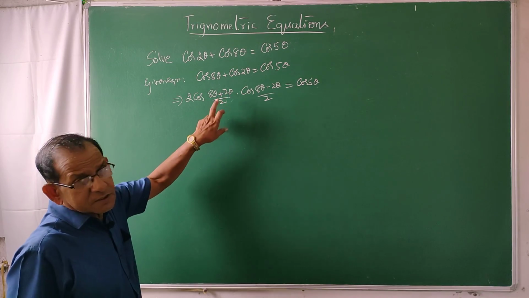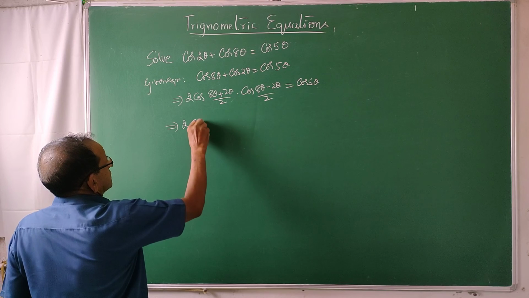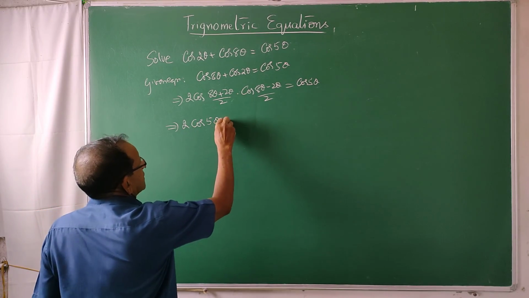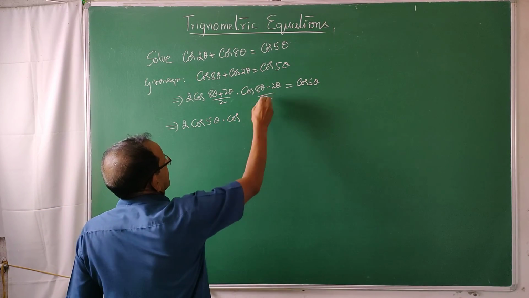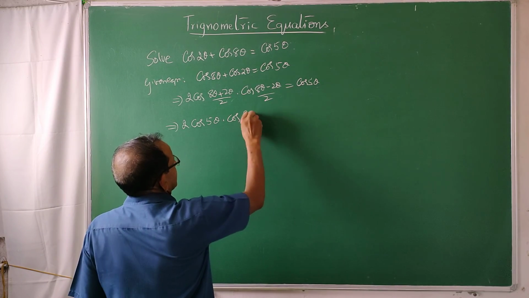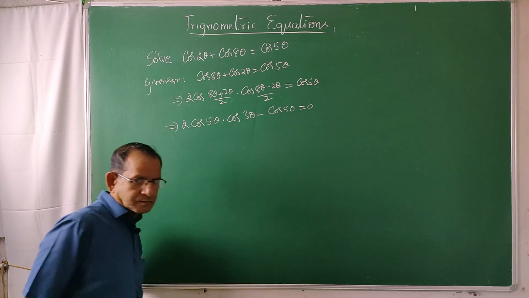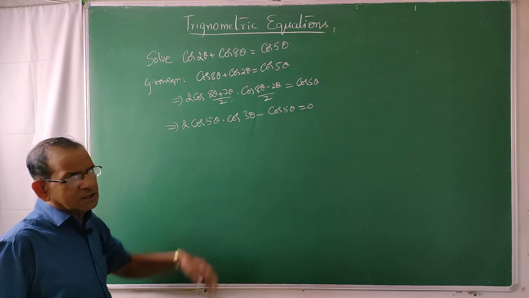8 theta plus 2 theta, 10 theta by 2 is 5 theta. 2 cos 5 theta into cos of 8 theta minus 2 theta, that is 6 theta by 2, means 3 theta, minus cos 5 theta equal to 0. Now take cos 5 theta as common term.